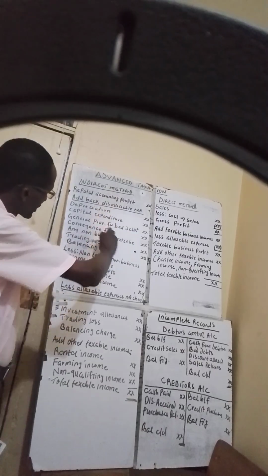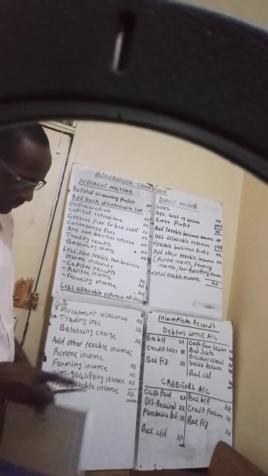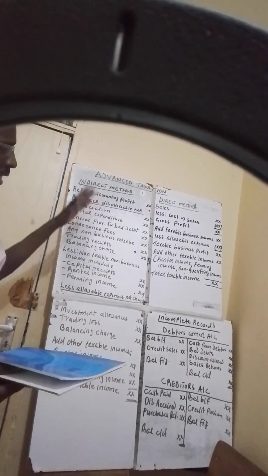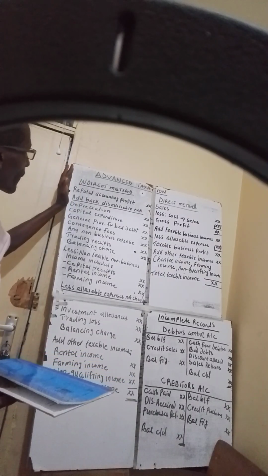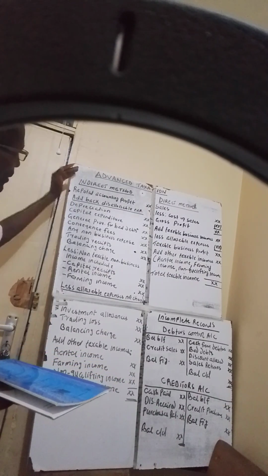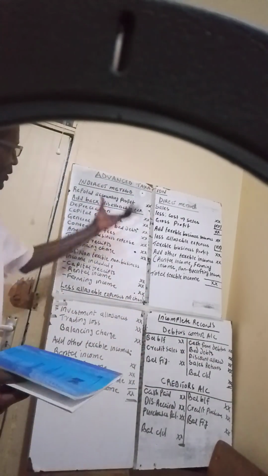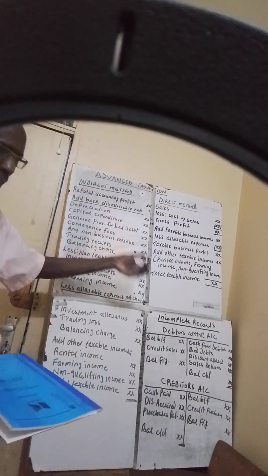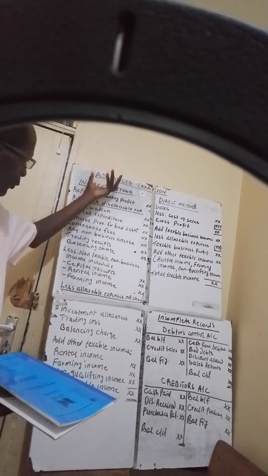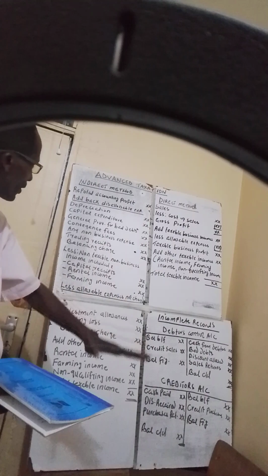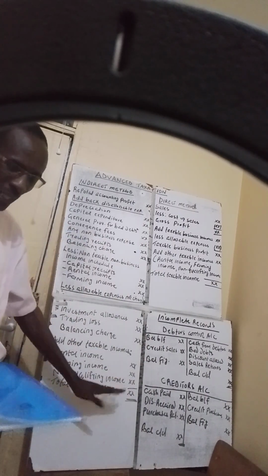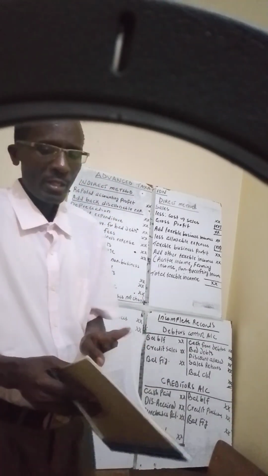This is indirect method, meaning that you, as an accountant, have prepared the income statement and you started with your sales, you deducted cost of sales, you got your gross profit and all other incomes, then you less all the expenses, you got the accounting profit by the end of the day. So that accounting profit which you have is not the amount that we are supposed to tax. For the purpose of taxation, we don't tax the accounting profit.